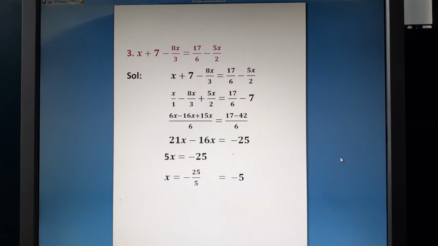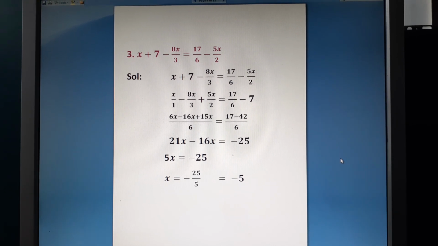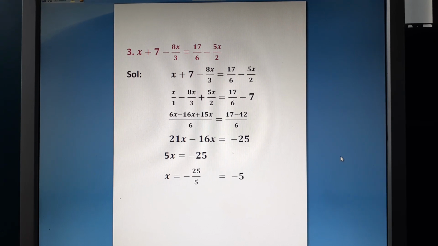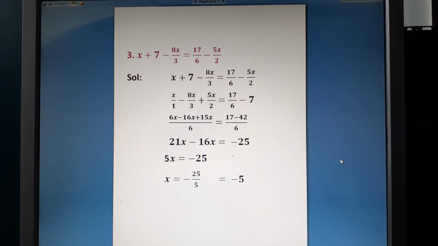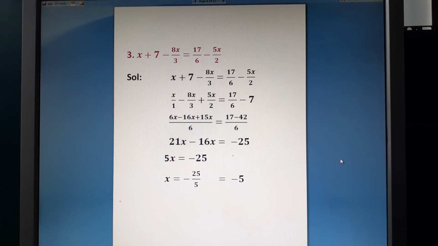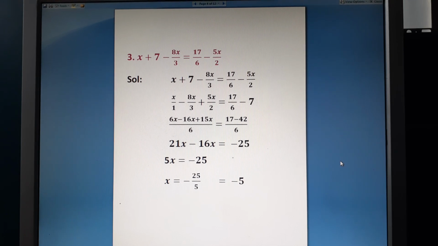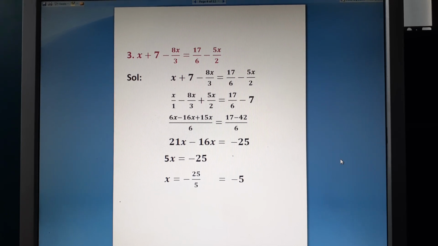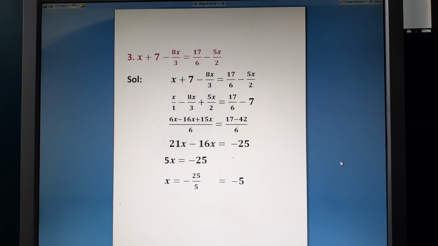Question number 3. x plus 7 minus 8x divided by 3 is equal to 17 divided by 6 minus 5x divided by 2. Solution: x plus 7 minus 8x divided by 3 is equal to 17 by 6 minus 5x by 2.